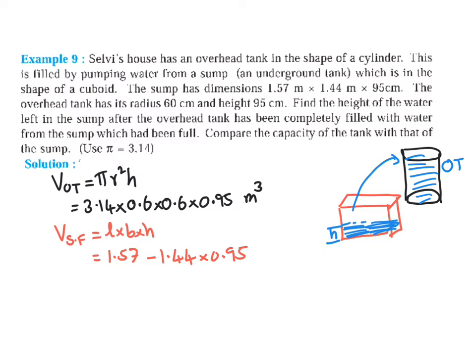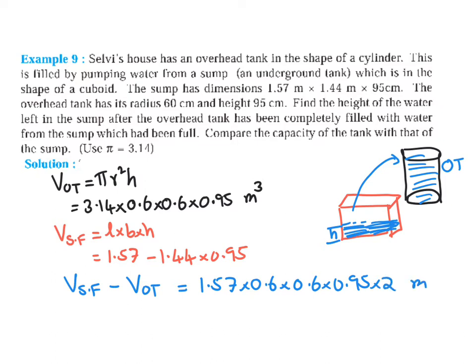So now the volume of the water left in the sump after filling the tank will be the volume of the sump when it is full minus the volume of the overhead tank. Take these two, subtract them, and when you subtract them you get 1.57 times 0.6 times 0.6 times 0.95 times 2 meter cube.